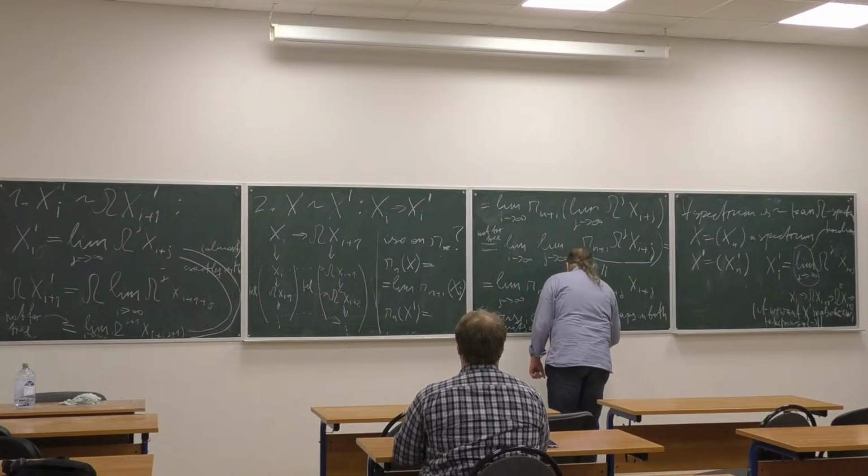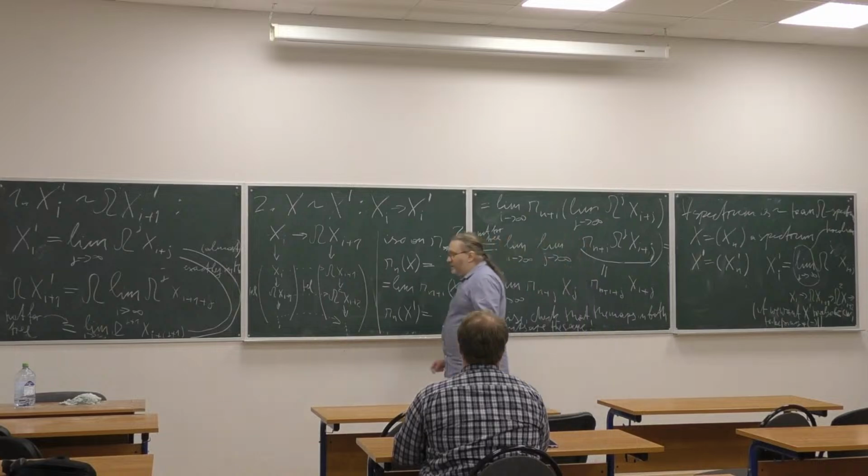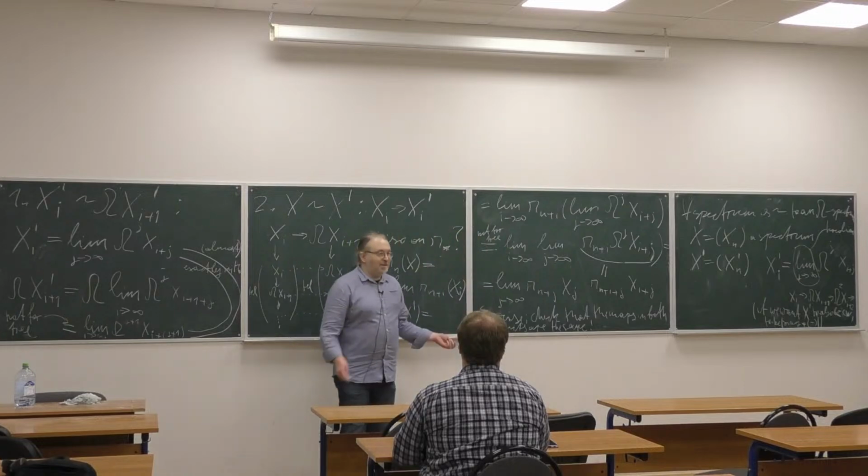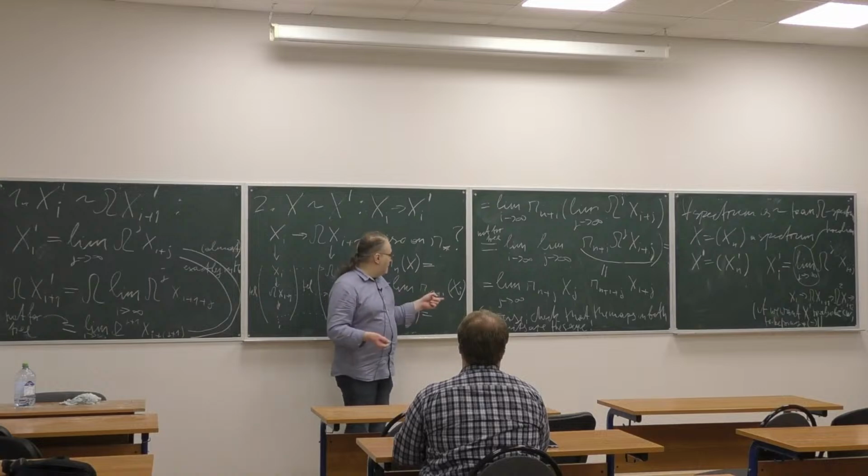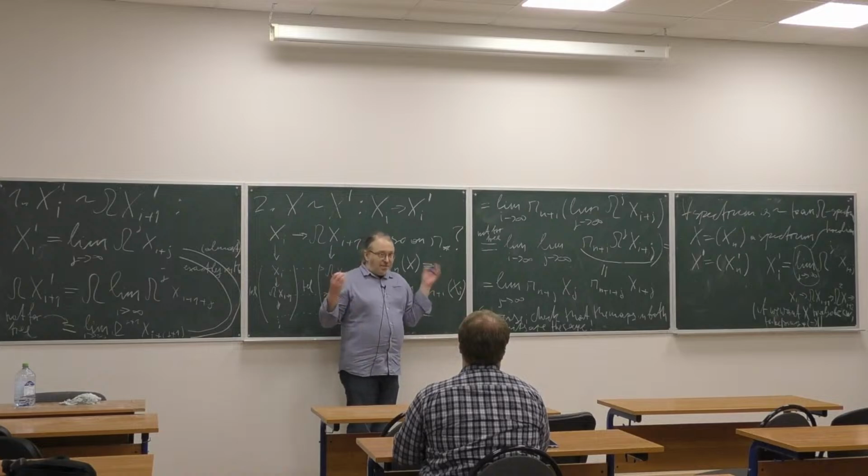Given what we're given, there's just one possible choice for maps from pi n plus i of xi to pi n plus i plus 1 of xi plus 1. But still, this is something one needs to check.